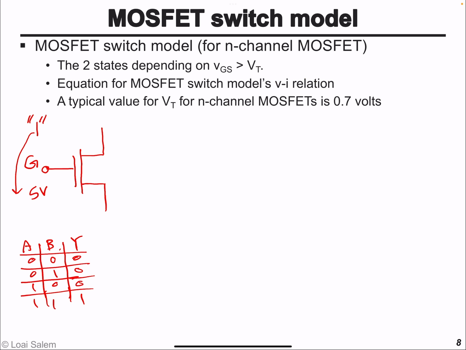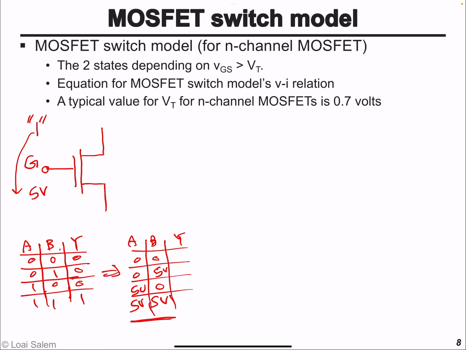Okay, so we can actually sketch the truth table for the AND gate as follows by mapping the logical values to their actual voltage values. 0, 0 is 0 volt, 0 volt. Then 0, 5 volt, 5 volt, 0, and 5 volt, 5 volt. So that's exactly what happened.